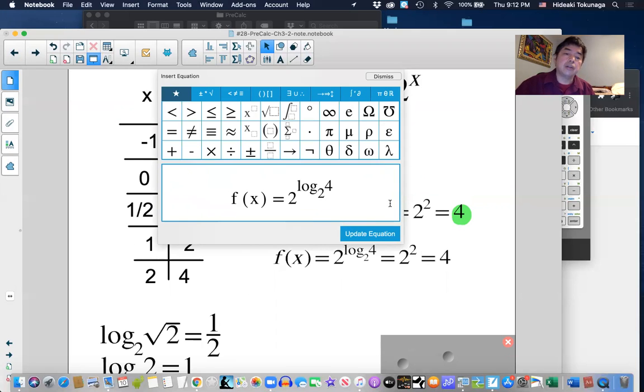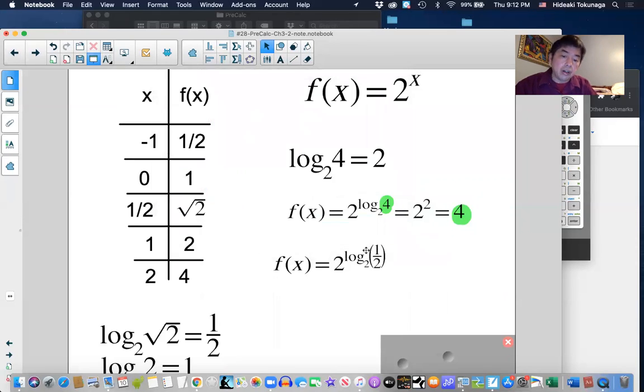Now I put the parentheses, 1 over 2. So now, 2 to what power is 1/2? Obviously it's the negative first power, right?